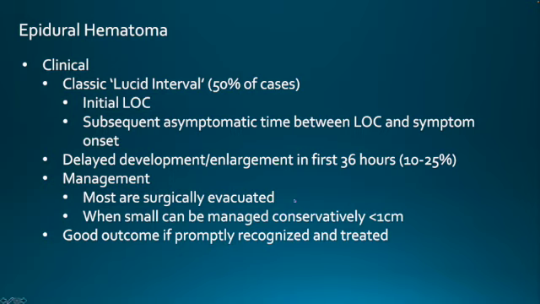These are the people that are in the ICU getting neurochecks, getting serial head CTs to keep an eye on these collections. So the outcome from these particular injuries is very good if they're promptly recognized and treated. If they're not, the outcome is very, very poor.